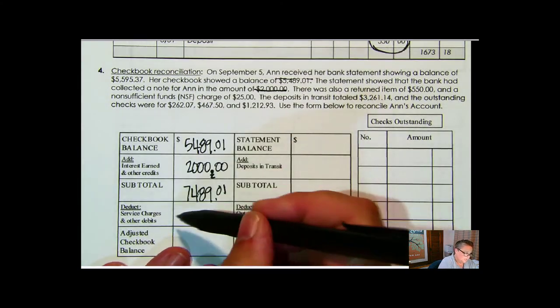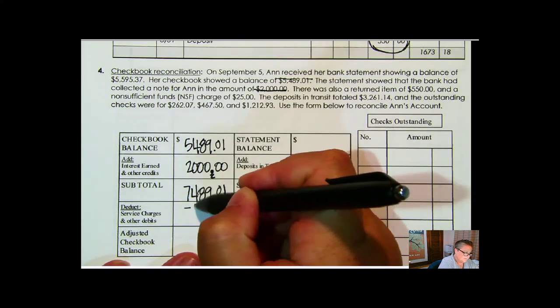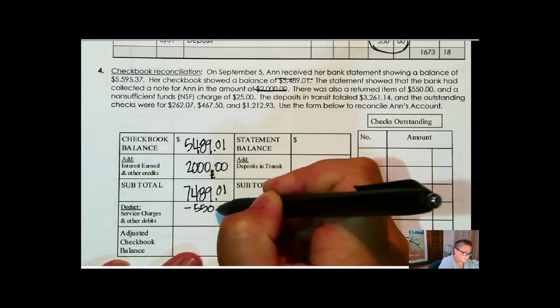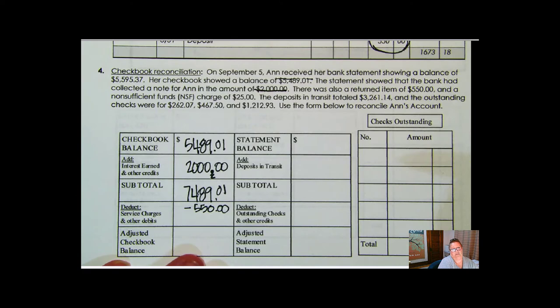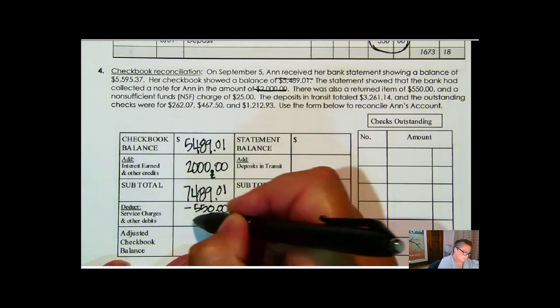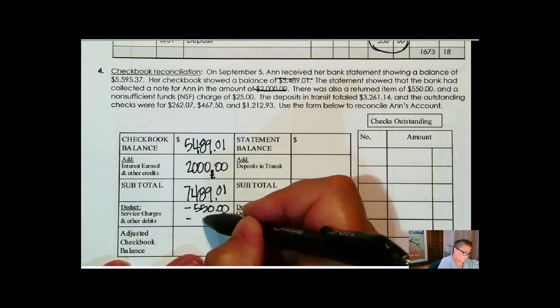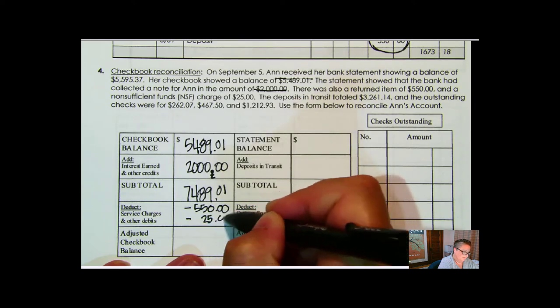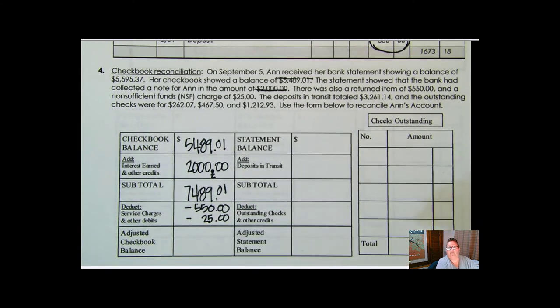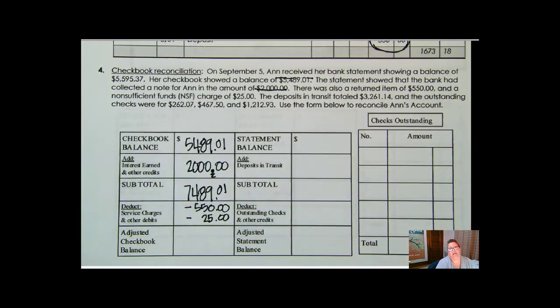So in the deductions, not only are we going to have to deduct the $550 for the check that they took the money out of the account, but we also have to take off $25 for the NSF fee. Now, I'm writing them out separately. In an actual problem, we would probably just put that in as $575. But I want you to see where the $575 came from. So I'm putting them in individually.